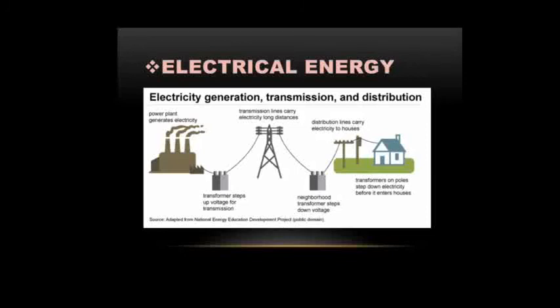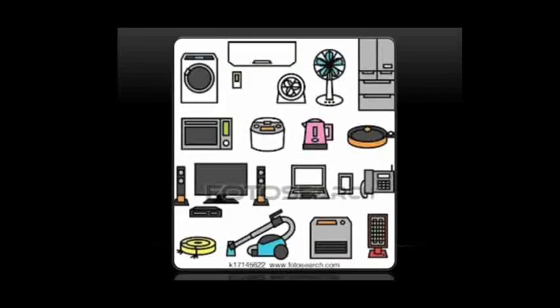Electrical energy is used to run many appliances in our homes like fan, bulbs, mixer, refrigerator, television, computer, and several other types of machines. But you know, children, it is dangerous too.